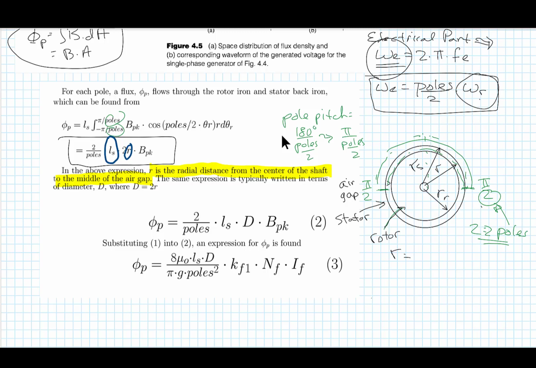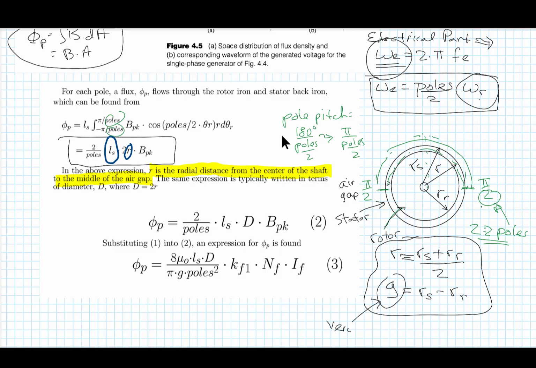So R is equal to the average of RS plus RR. It's right in the middle of the two. The gap is equal to the difference between RS and RR. There isn't a lot of difference here because the gap is usually very small compared to these rotor radius and stator inside radius diameters.